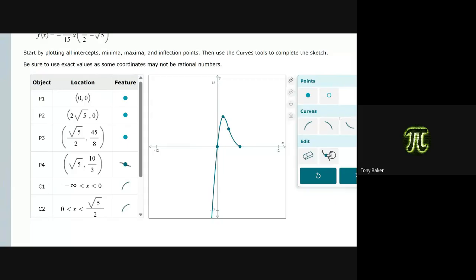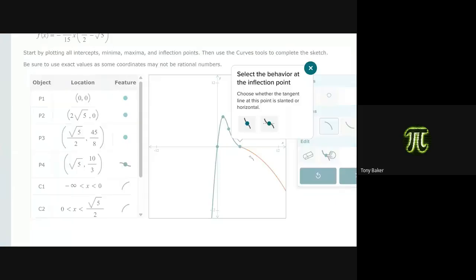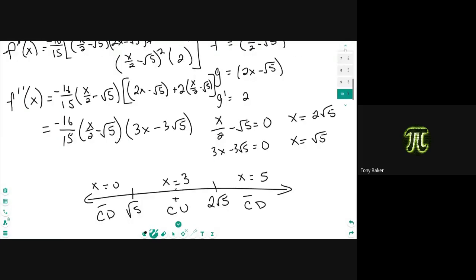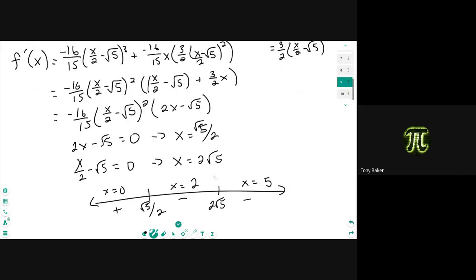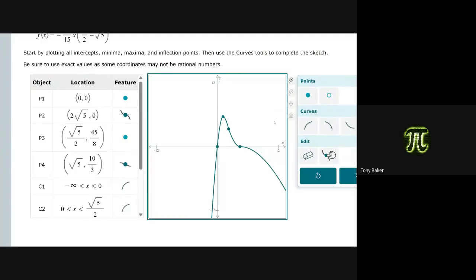So at this point right here, it asks, is it a slanted tangent or a horizontal tangent at that point? At that point, we had a tangent of 0, right? What happened at 2 square root of 5? That was still a 0, right? So that's a horizontal tangent.